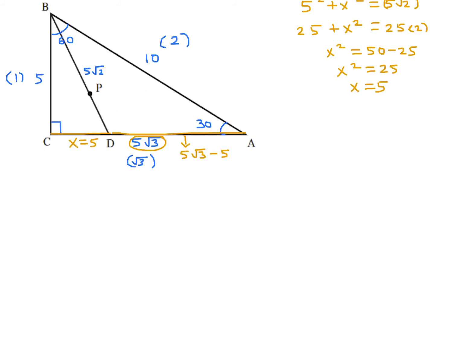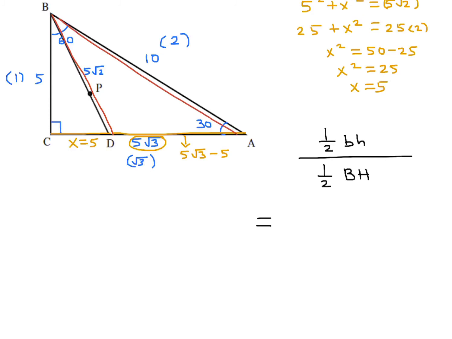So let's do that. We have that region, it's going to be 1/2 base times height all over the entire one, 1/2 capital base times capital height. So this region BDA, that triangle, I can figure out: 1/2, the base is right here, which is 5 root 3 minus 5, and the height is from here to here, which is 5.